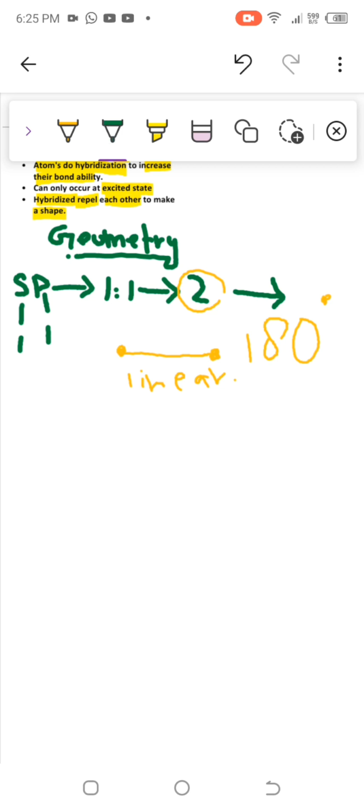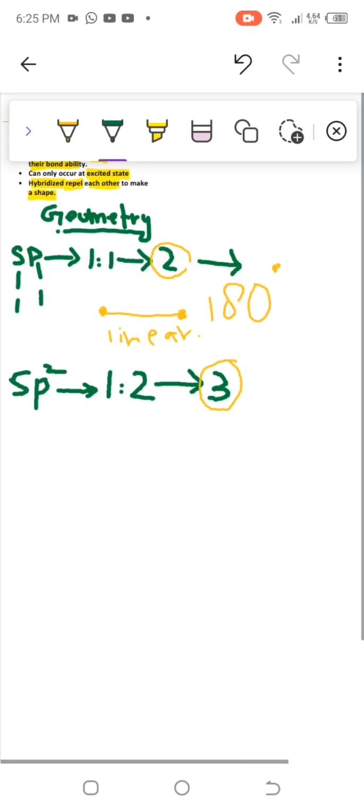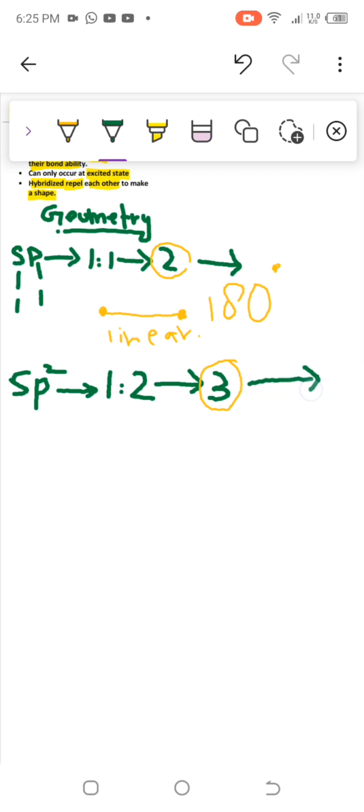Okay. Here we have another orbit, that is sp². Now how is this formed? Here you can see the s ratio is 1 while the p ratio is 2. When they combine they form 3, and here 3 is the hybridization. After that, suppose here we have 3 dots, 1, 2, 3.